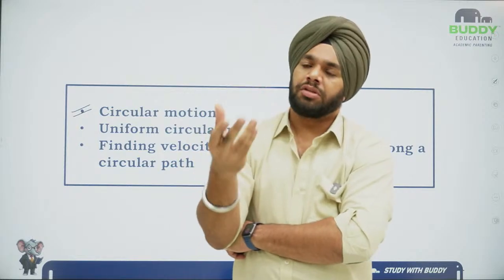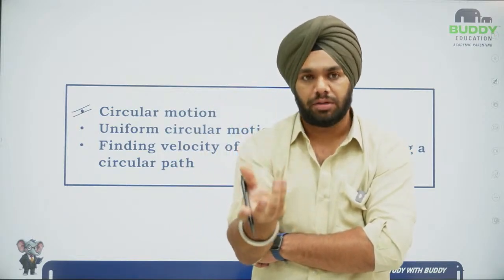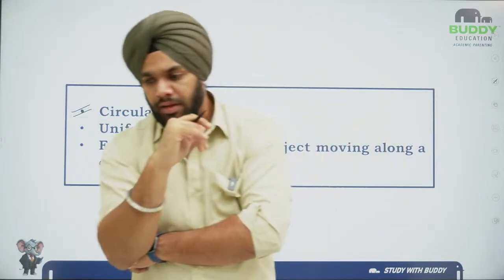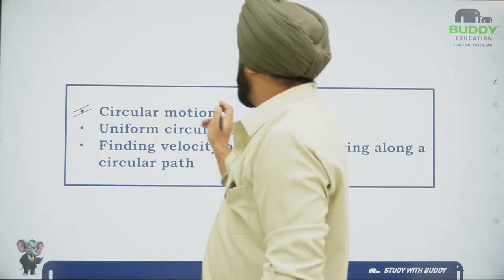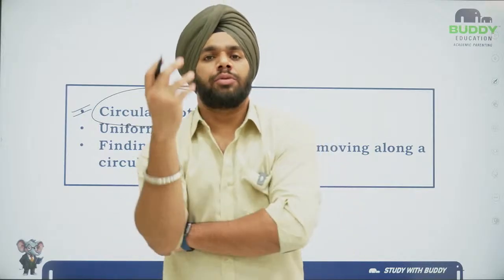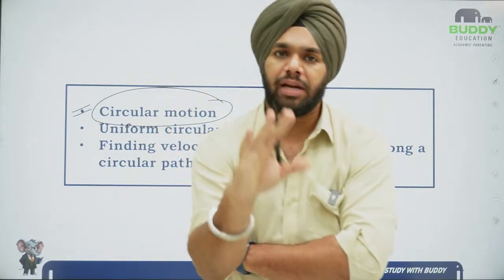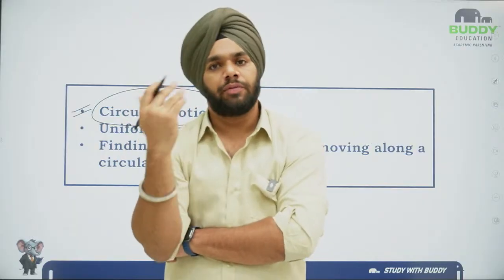In class 9 also, we discussed that the particle is moving in one dimensional motion. So we're going to discuss another type of motion called uniform circular motion. Why are we calling it uniform circular motion? Because the speed of the particle is not changing. It will move with a uniform speed.